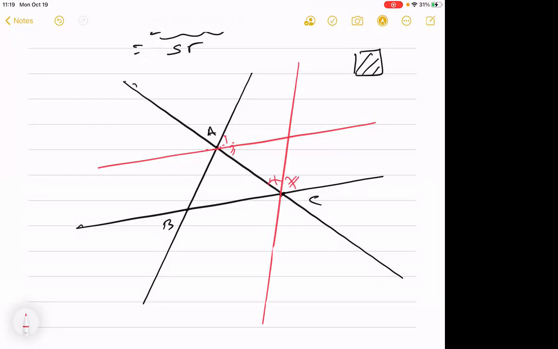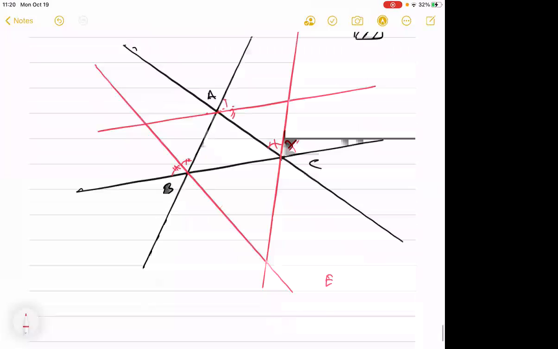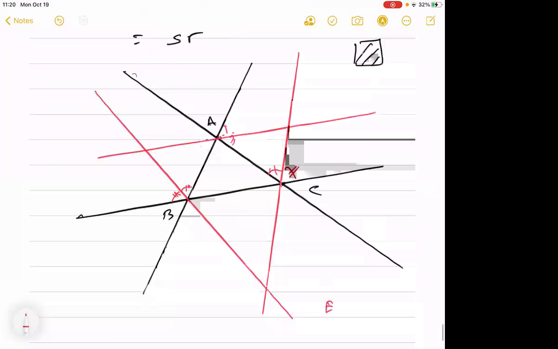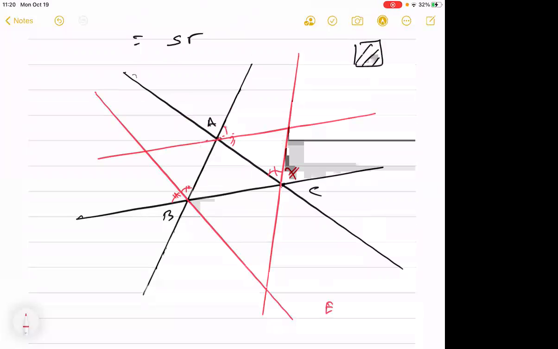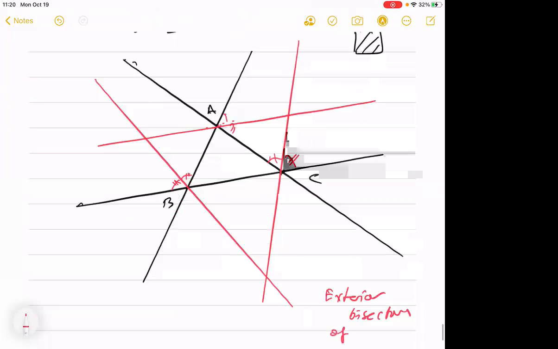So exterior bisectors of AC and the exterior bisector of B. So these are exterior bisectors. These red lines are exterior bisectors of ABC, A, B, C.